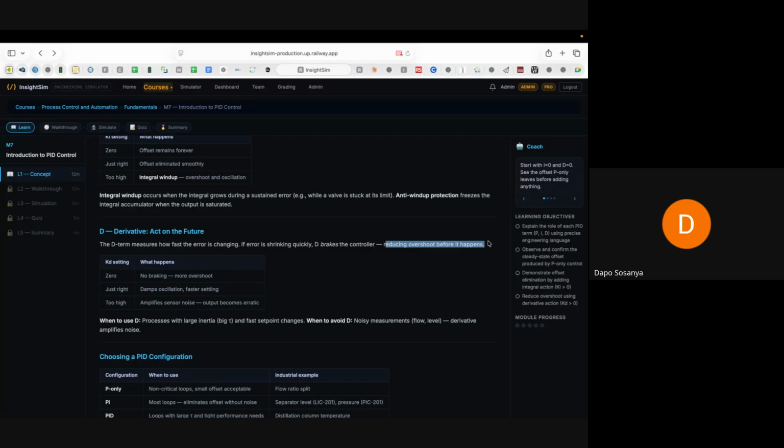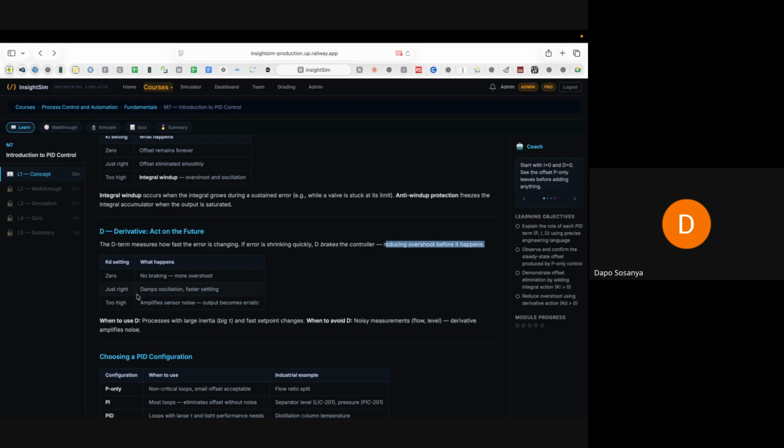So this D term essentially is like a soothsayer or a prophet, someone that sees the future. Of course, it's mathematics; he uses mathematics to look at the future and then apply control. So if it's zero, no braking, you have more overshoot.